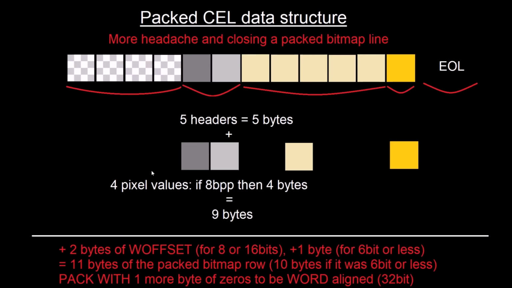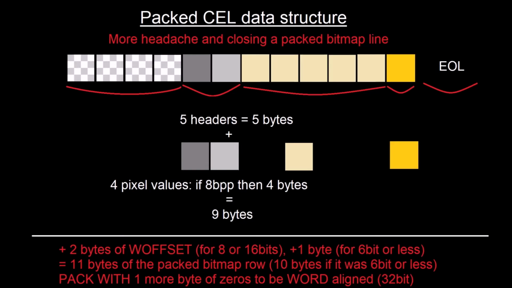Now it's 2 bytes, so the total length is 11 bytes, and we might have to align it. We might have to pad it at the end with one more byte of zeros, so that it's word aligned. It's 12 bytes or 3 words.